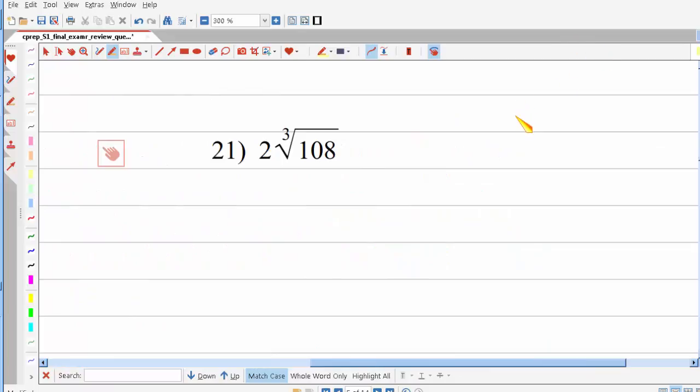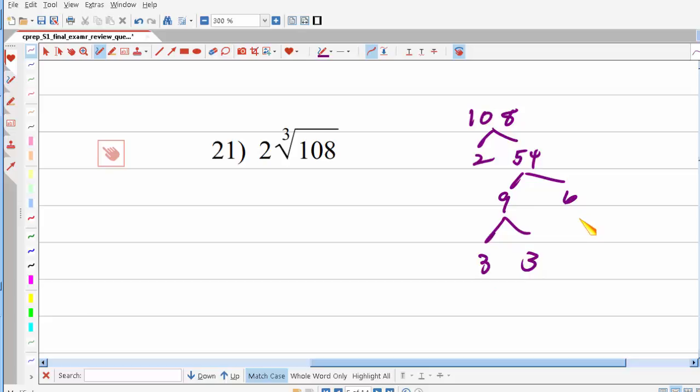All right, cube root of 108. 108 is 2 and 54, 9 and 6, 3 and 3, and 2 and 3. So I have 3 3s and 2 2s.